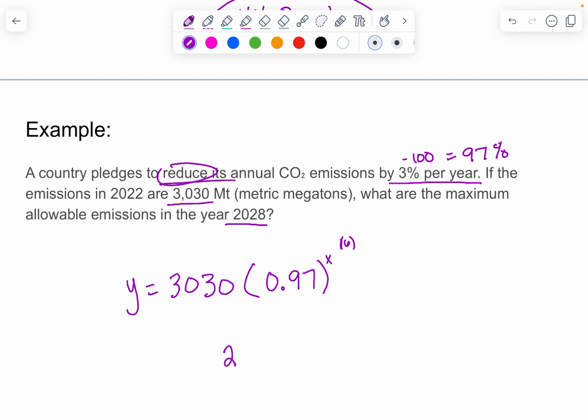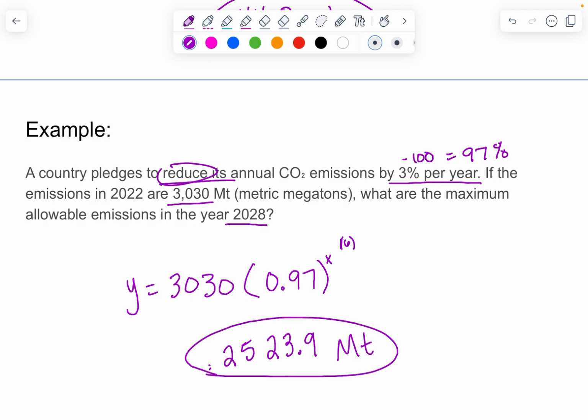And so 2,523.9, let's say that, megatons would be the answer to that. And that makes sense because that has gone down. We were looking for something to decrease. If it was at 3,030 and now it's at 2,500 and something, we've gone down.